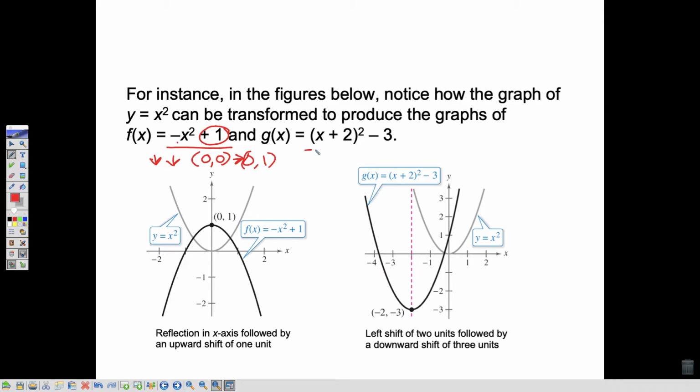So this one, the a is positive. What is the a? 1. So that's not doing anything, so it's going to open what direction? Up. It'll go left 2 and down 3. So the vertex is going to be at -2, -3.